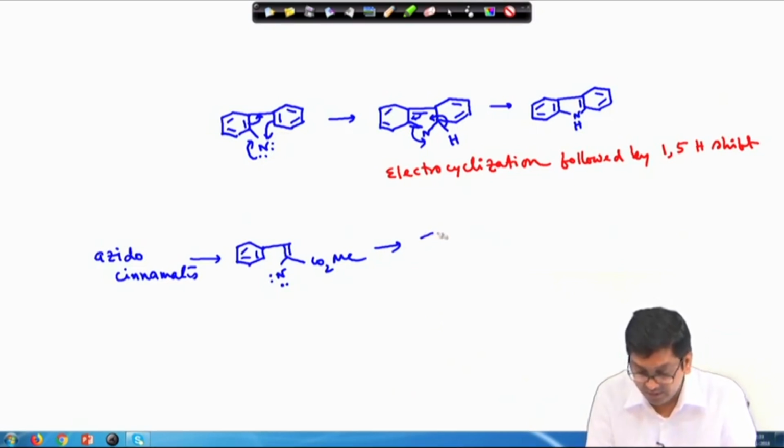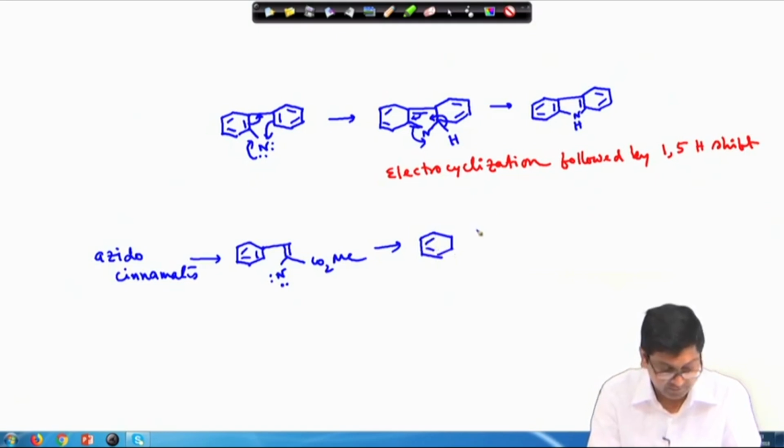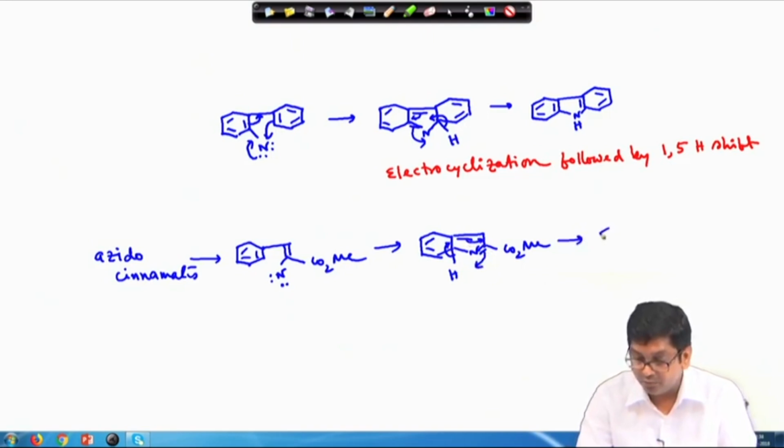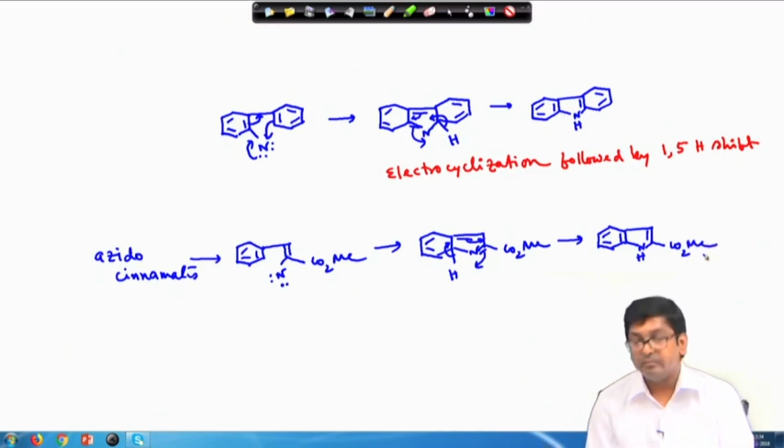first it will again give, okay, and then 1,5 hydrogen shift to provide, okay.